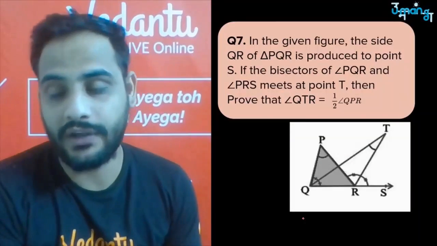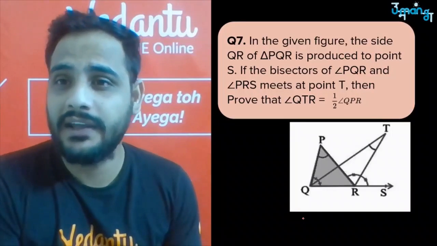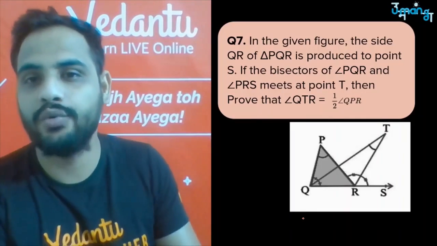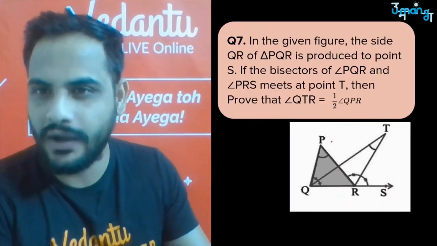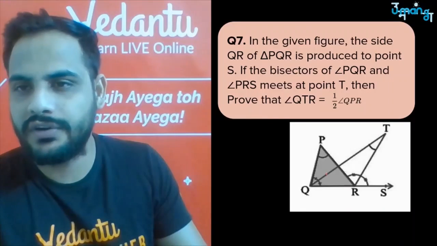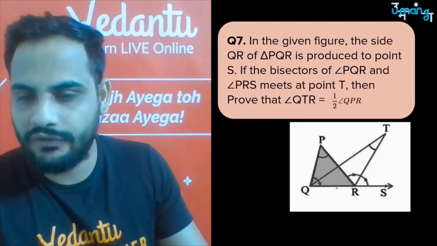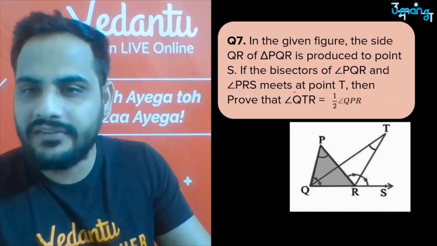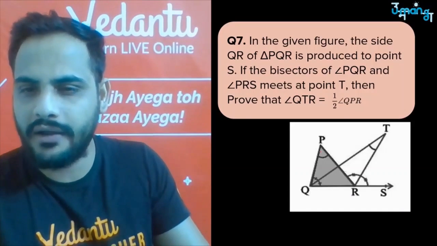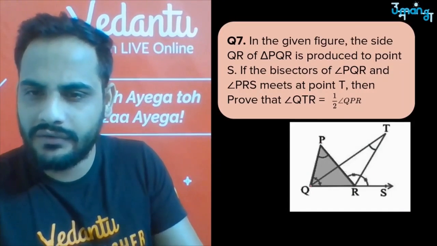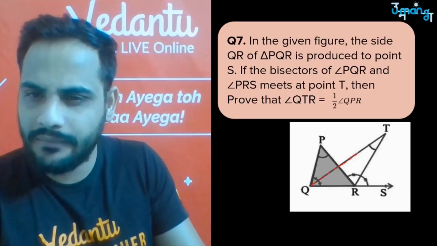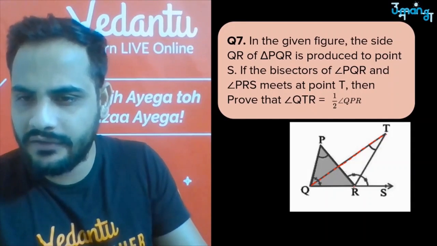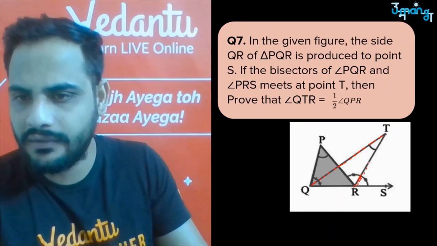Next one is this. Okay, this is a good question. In the given figure, the side QR of a triangle PQR is produced to point S. Okay, so QR I have produced to point S. If the bisector of angle PQR is here, so this is the bisector of angle PQR, and the bisector of angle PRS, so PRS is here, so this is the bisector of angle PRS.